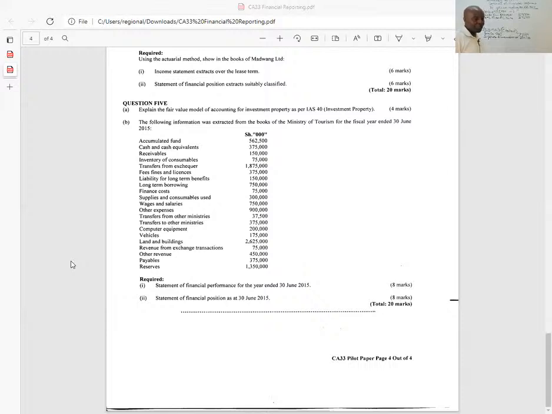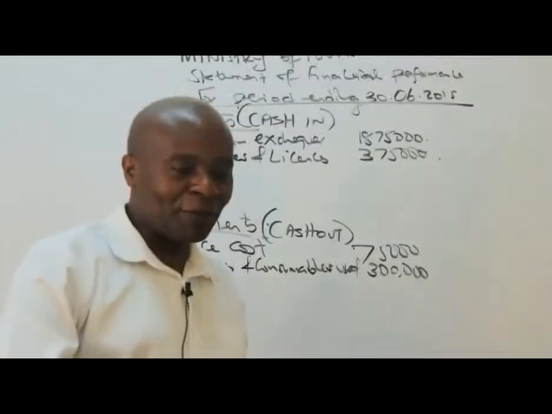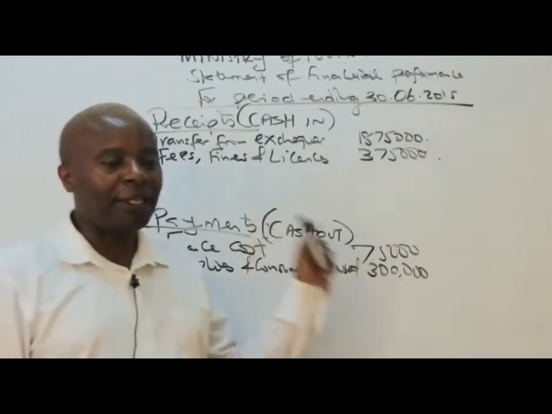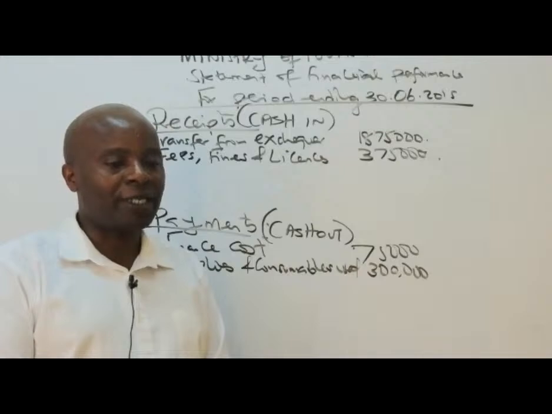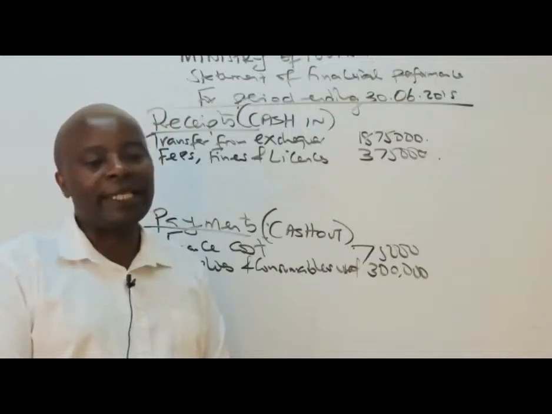Then we have wages and salaries. Of course, this will be affecting my financial performance. But where, under payments or receipts? It goes without saying, it is the government paying their workers.